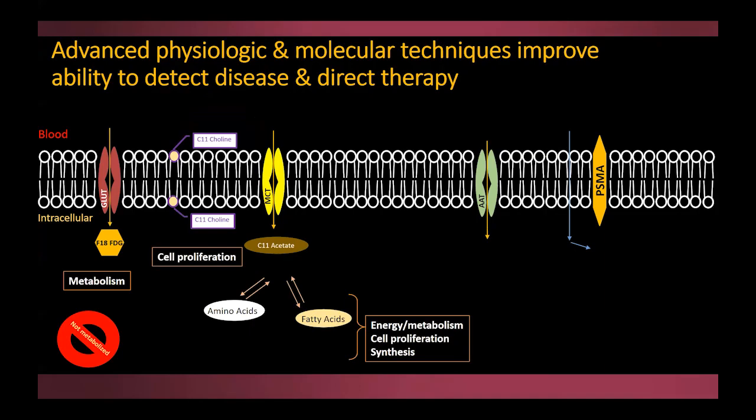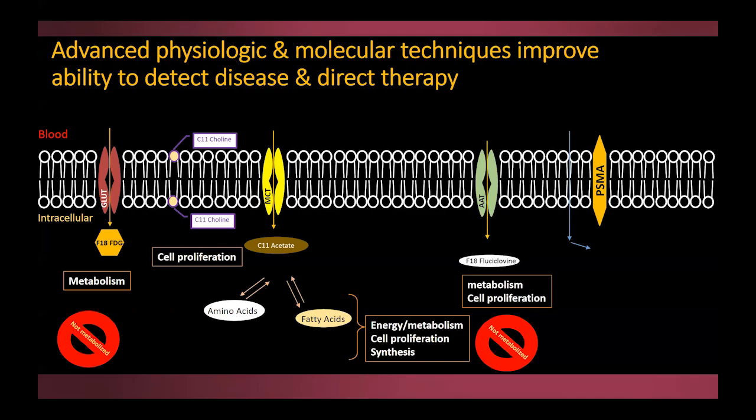The C11 acetate will incorporate into amino acid and fatty acids pathway, and therefore will trace energy, metabolism, cell proliferation, and synthesis of proteins. F18 fluciclovine will go into the cell through amino acid transporters. It will trace metabolism, cell proliferation. It will not be metabolized, but compared to FDG, it will not be trapped within the cell.